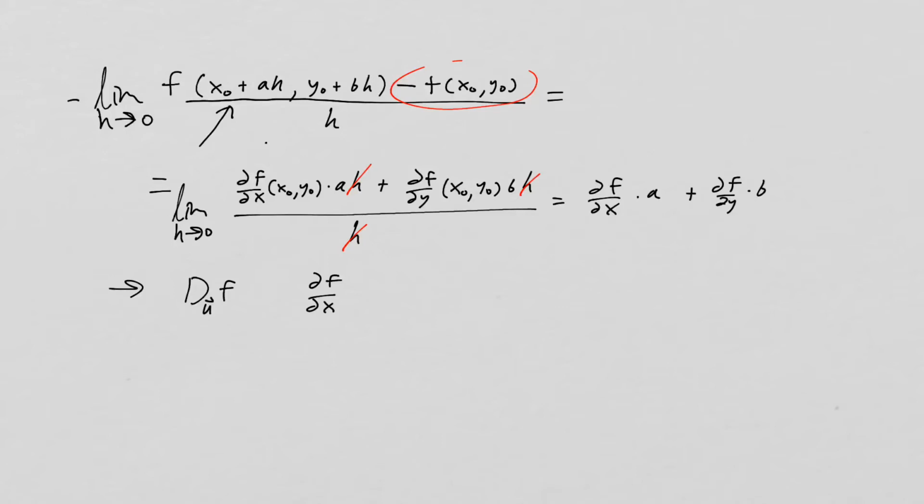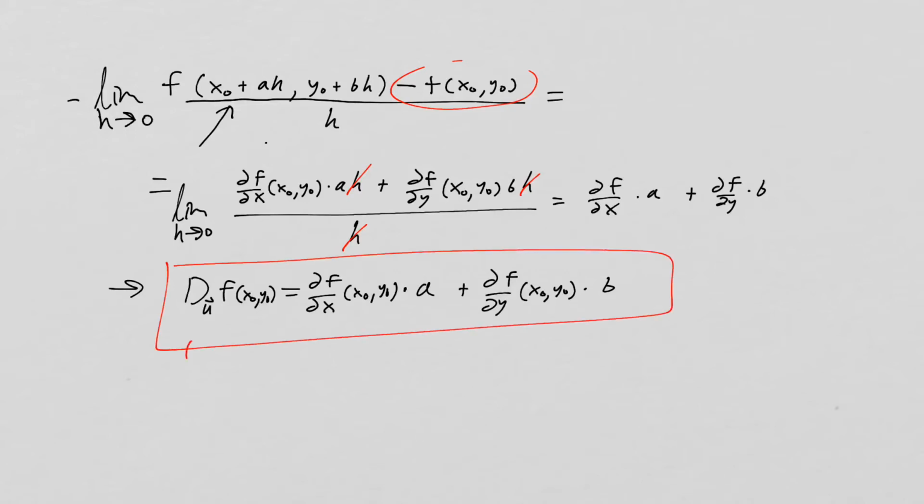Let's clarify our notation a bit more. This is at a very specific point. Times a plus the partial derivative of f with respect to y times b. This is my formula for a directional derivative.